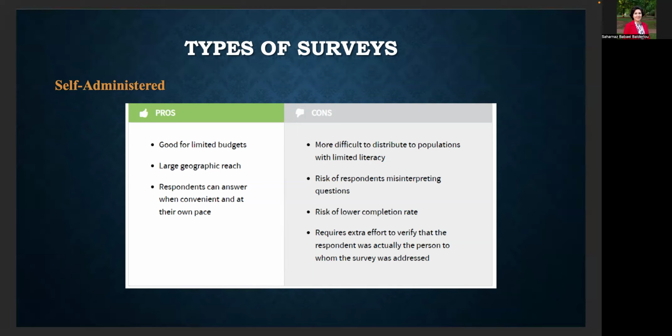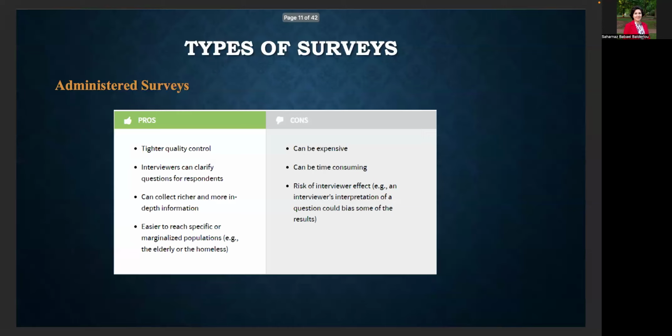These are cost-effective, easy to distribute, and allow anonymity, which often leads to more honest feedback. Administered surveys, on the other hand, involve an interviewer, either in person, by phone, or through video. These allow clarification and more detailed responses, but can be more time consuming and introduce interviewer bias.